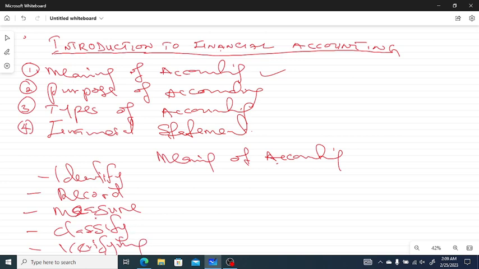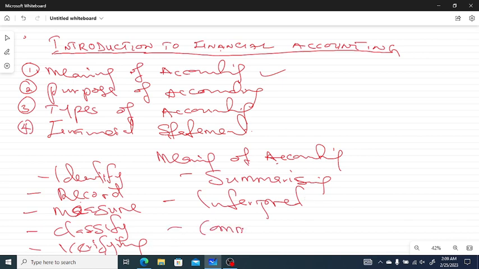We verify the transaction, and you need to summarize it. After summarizing, you do what? You interpret that transaction.